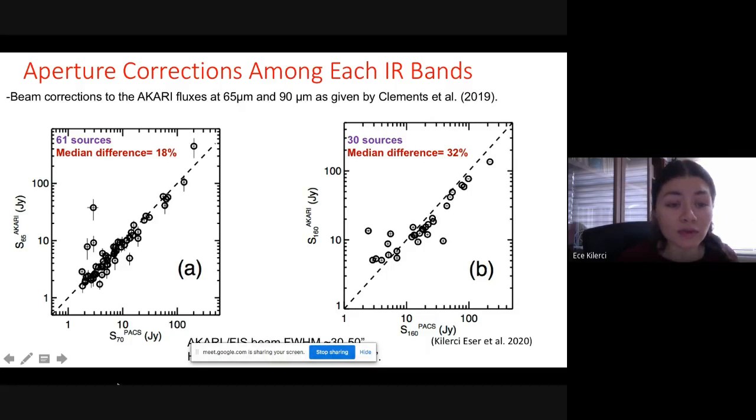Then for comparison with Herschel data, we see that there are some outliers, but there's a good agreement. We find this median difference for our sample, so we add this difference to the uncertainties. For the 160 band, we did the same thing and added this difference to our uncertainties.